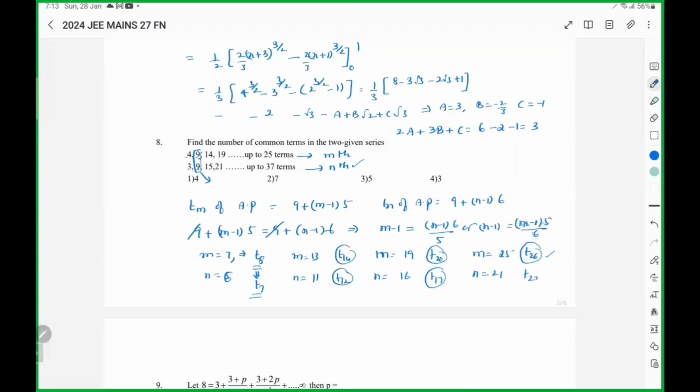Coincide with the 22nd term of this. So here it exceeds the number of common terms including 9. This 26th here, you have only 25 terms. So the number of common terms will be 4.